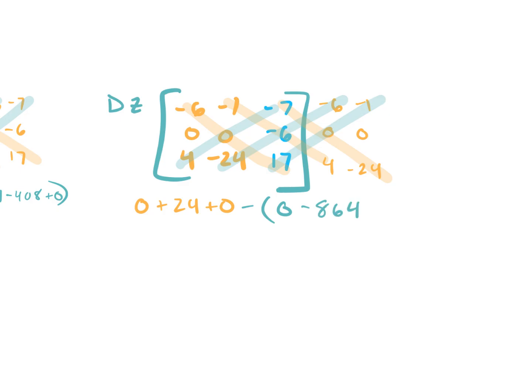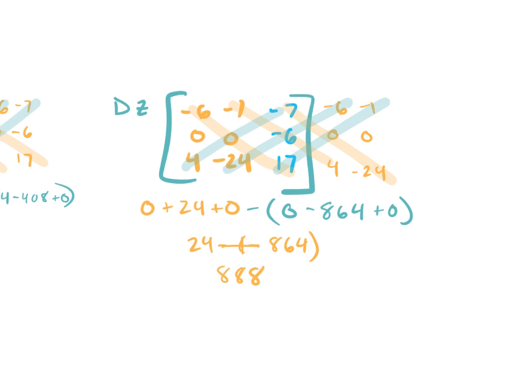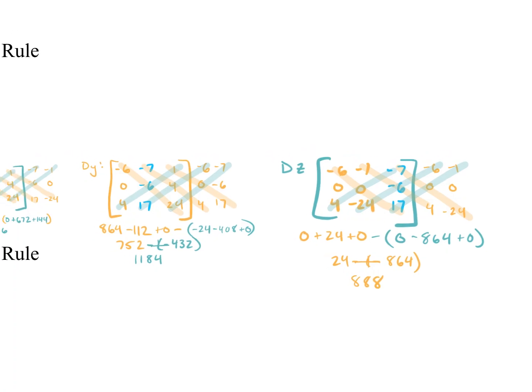And 17 times 0 times negative 1 is 0. So we got 24 minus negative 864. This turns into a plus, so we get 888. Big numbers, but it's okay because we have a calculator.